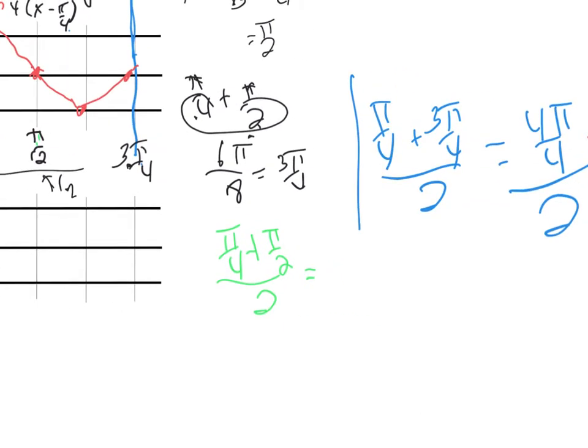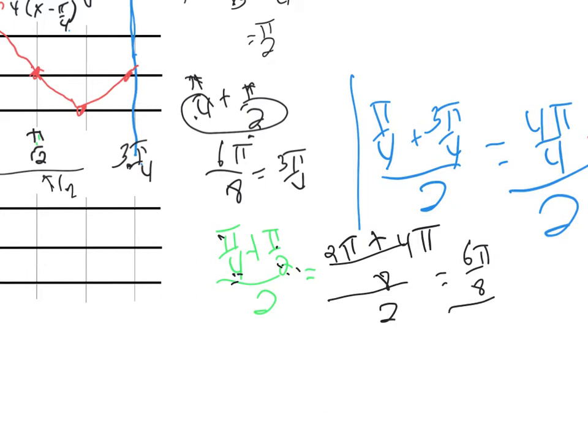Now they're not the common denominator, so I'm going to have to do this. 2 times pi is 2 pi, plus 4 times pi is plus 4 pi, divided by the product, 4 times 2 is 8, all divided by 2. This turns into 6 pi over 8 divided by 2. Abracadabra, 6 pi over 16. That reduces to 3 pi over 8, if I'm right.